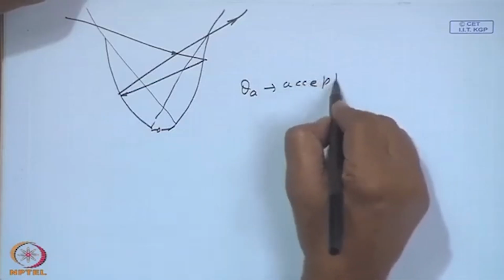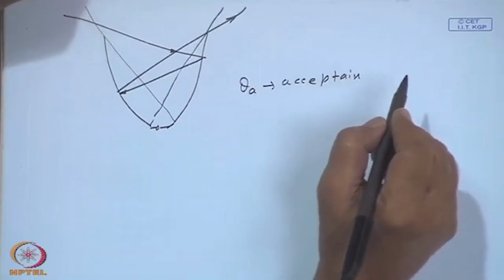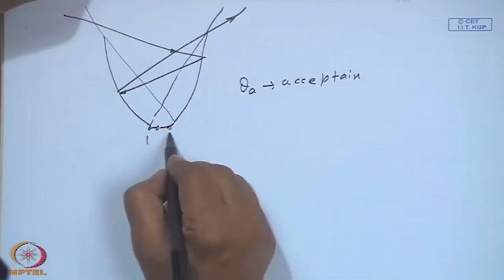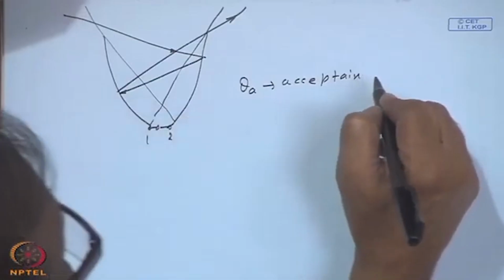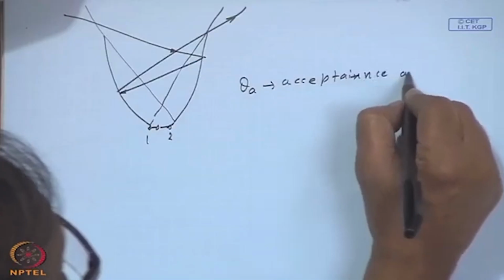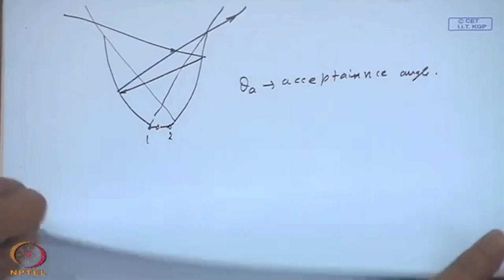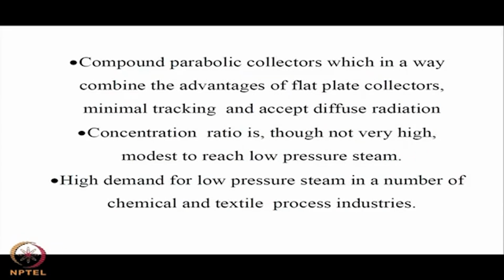So, solar radiation within theta A only will be reflected, re-reflected and goes to the concentrating point 1 or concentrating point 2 and then transfers the energy to the fluid. So, that is the significance of the acceptance angle, so that you will know that any solar radiation ray coming beyond that will not be focused onto the focal point 1 or focal point 2.